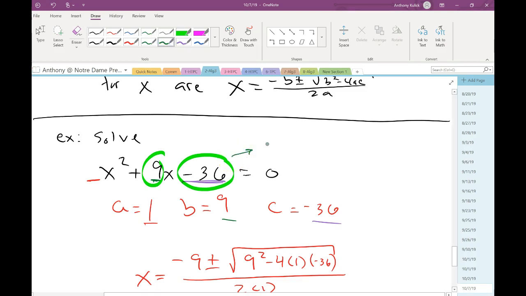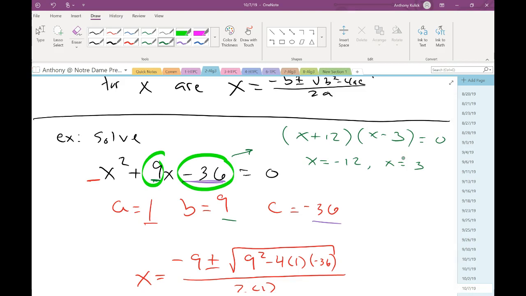Sure. What are they? Positive 12 and negative 3. Everybody agree with that? And so when I set those equal to 0 and solve, I get negative 12 and positive 3.